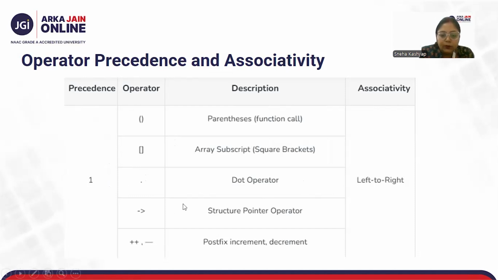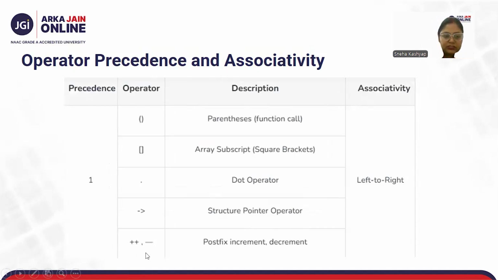Next is the structure pointer operator. If we are using any pointer value, we assign it with a symbol like a hyphen followed by an arrow. This structure pointer operator also has the precedence value of 1, and it follows left to right associativity.